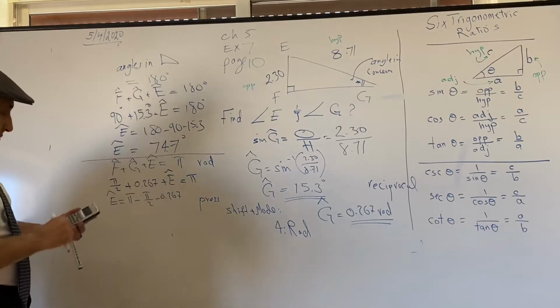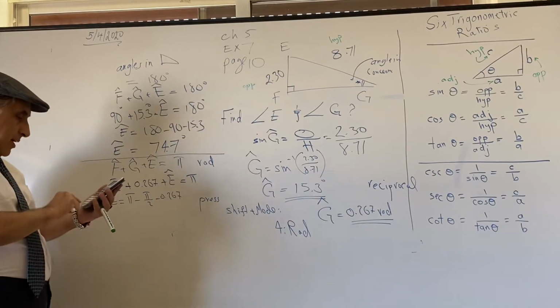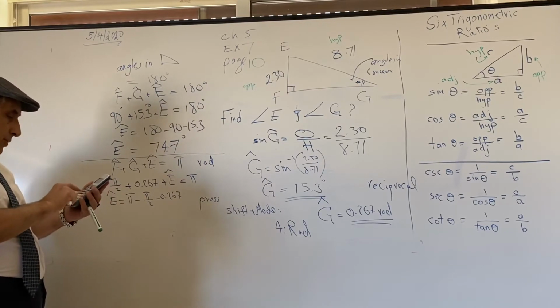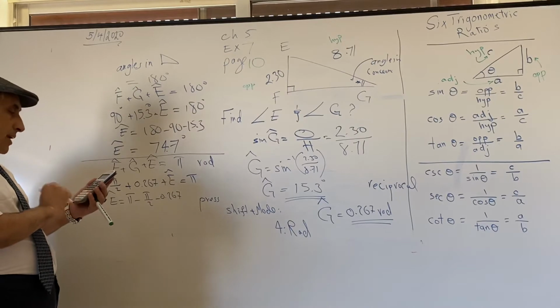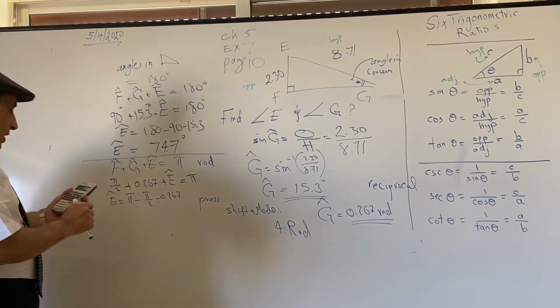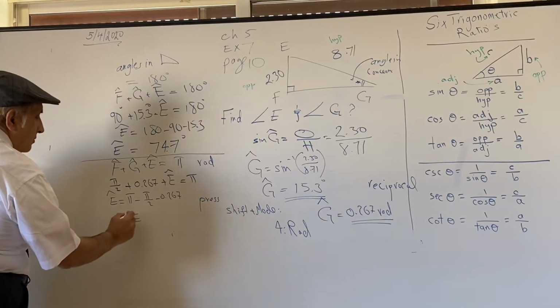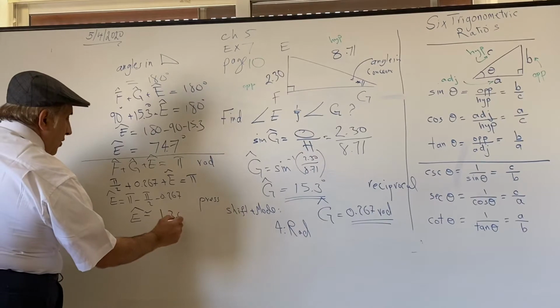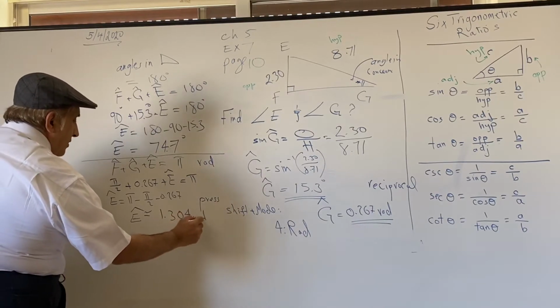Let's try it. Pi minus pi over 2 minus 0.267. And the answer, E, is roughly 1.304 radian.